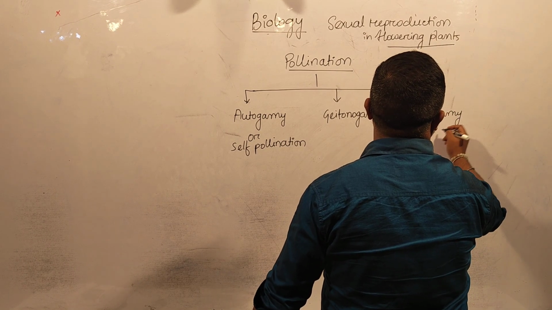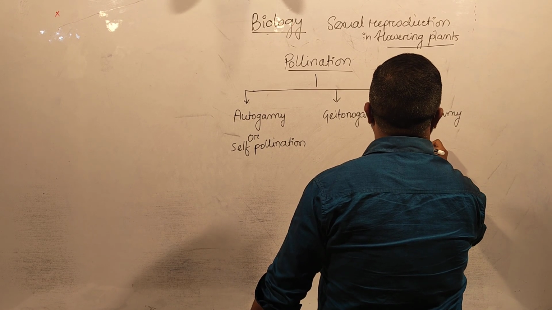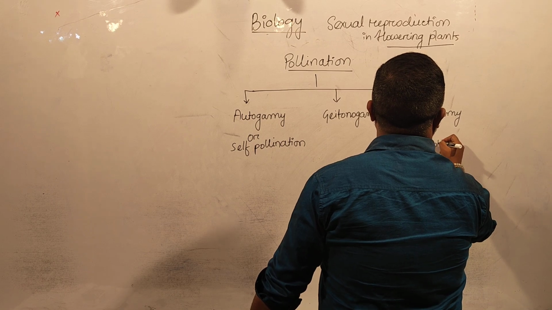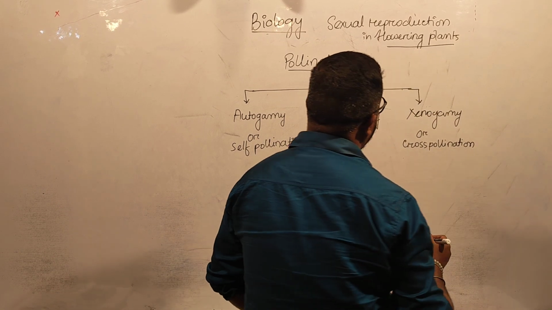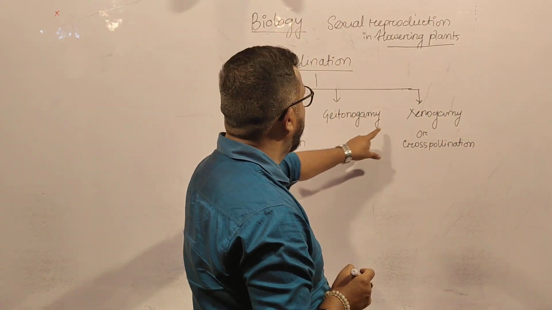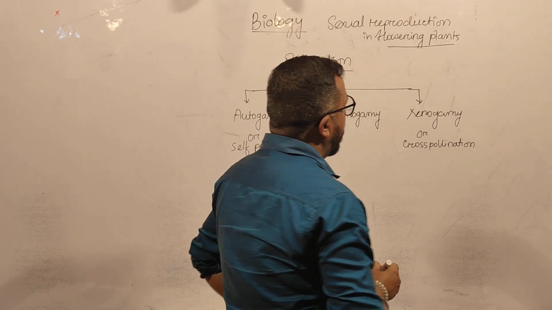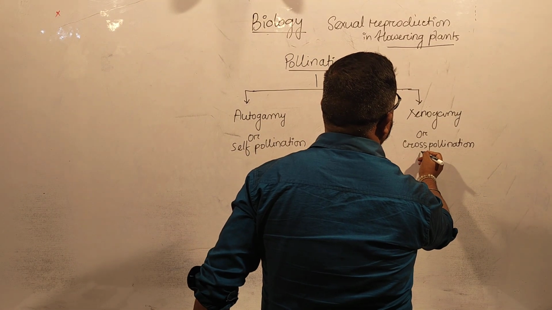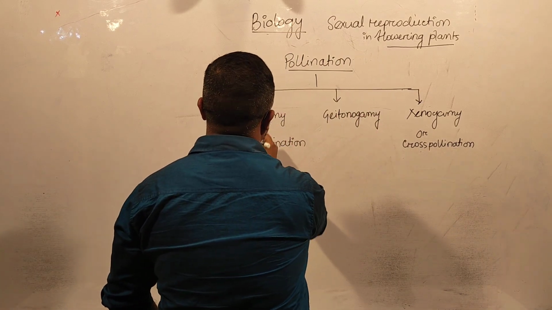Xenogamy is also known as, as all of us know, cross pollination. First let us discuss autogamy.